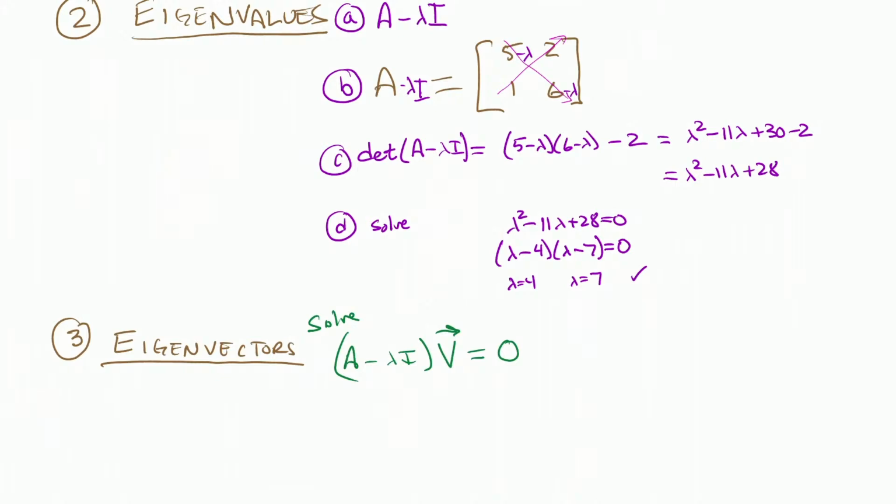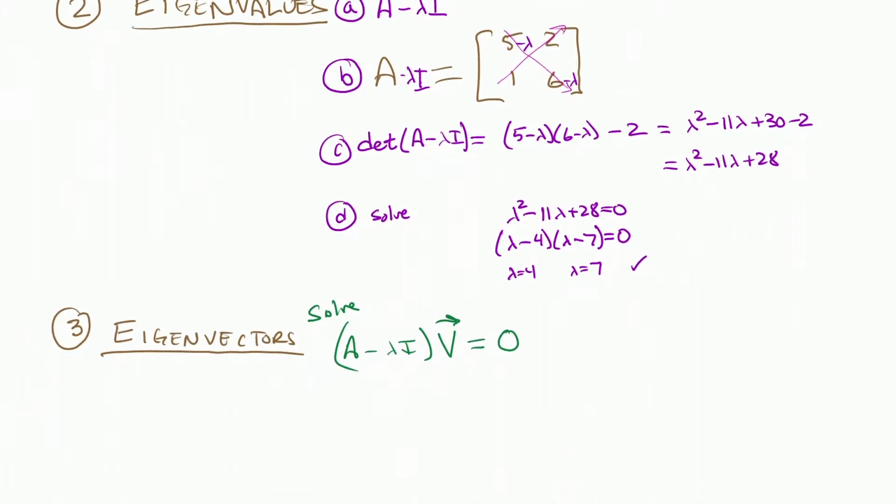You can pick one, lambda equals 4, lambda equals 7, and do this. If you're a novice, do lambda equals 4. And if you're an expert, do lambda equals 7. If you're not sure if you're one or the other, pick one. Either one works. So I'll get you started, you novices.